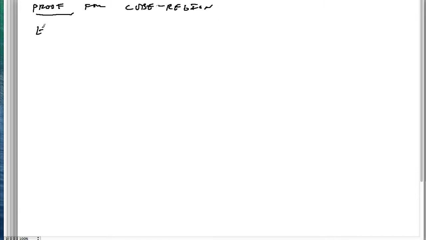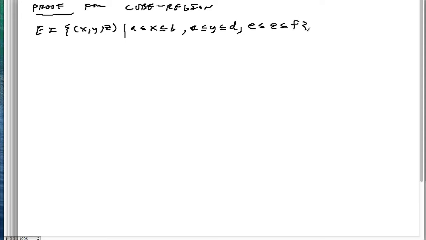So we'll say that E is the set of x, y, z, such that x is between A and B, y is between C and D, and z is between E and F. So again, this is simple enough to write. Here's our cubic region.